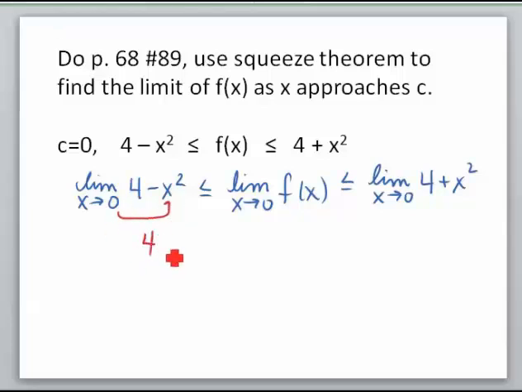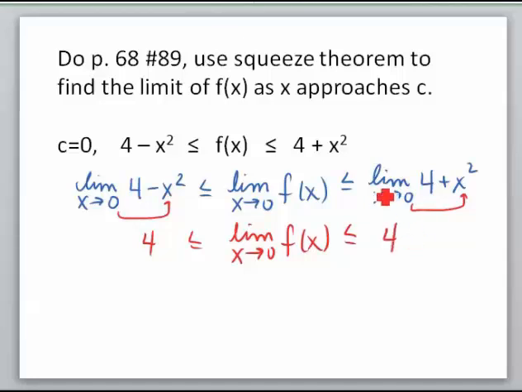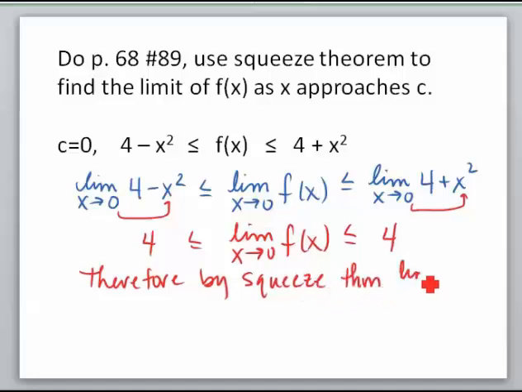So on this one I get 4, and this one doesn't give me anything because it's just recopying, and then this one gives me 4 again, 4 plus 0, which is 4. So therefore, by squeeze theorem, the limit as x approaches 0 of f of x is also equal to 4.